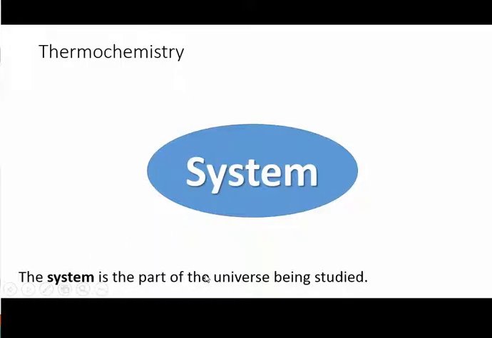The system is the part of the universe we're studying. It really doesn't matter a lot of the time which one you call the system or surroundings, but in this case it matters, because we're talking about energy transfer here, okay?